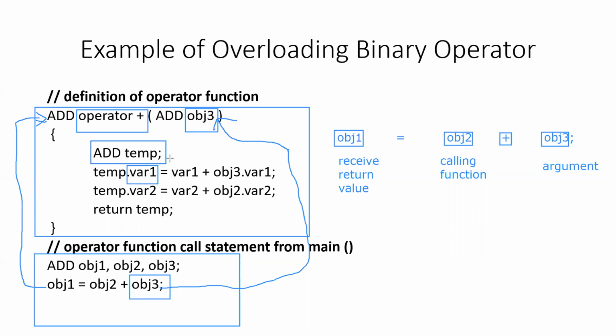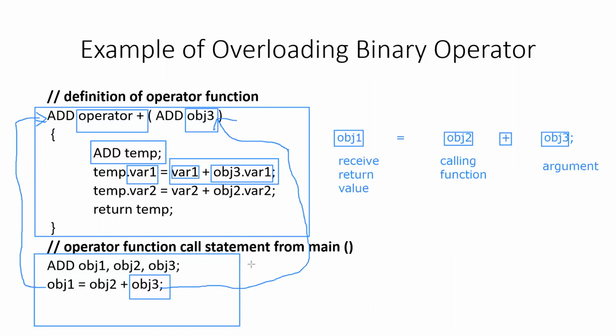That will be equal to variable 1 plus object 3 dot variable 1. Object 3 dot variable 1 is not confusing, since it is clear that this variable 1 belongs to object 3. But this variable 1 is our confusion.